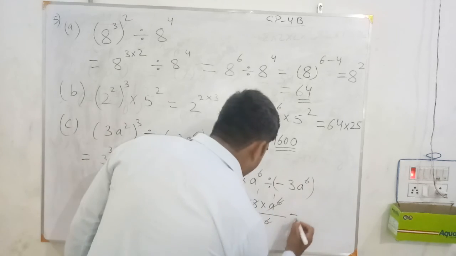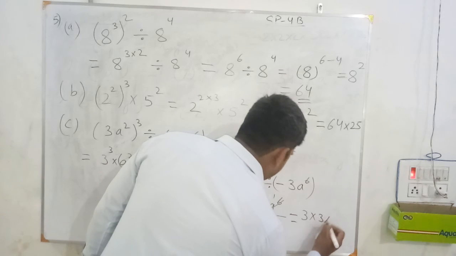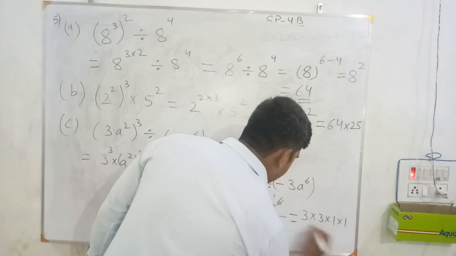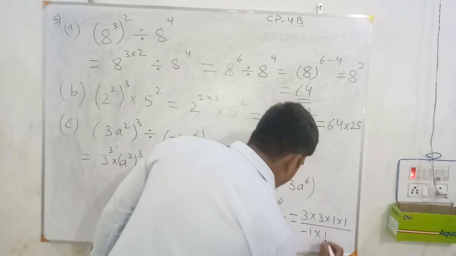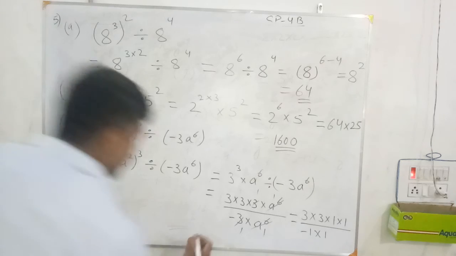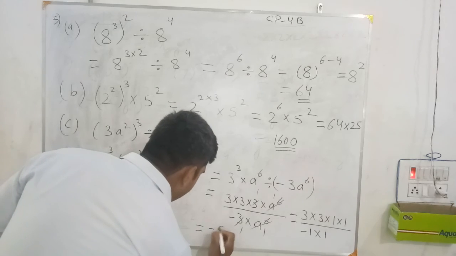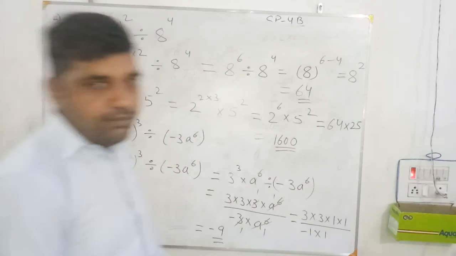So what remains here is 3 multiply 3 multiply 1, and at the base you got minus 1 multiply 1. So 3 threes are 9 upon minus 1, that is minus 9. So the final result you will get is minus 9. Like this we have to solve.